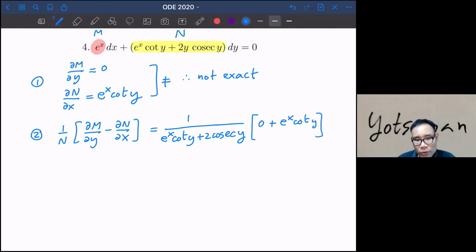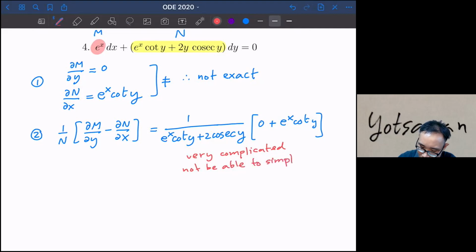I'm going to say that this is very complicated, and you are not able to simplify. It can happen that when you use 1 over N times (dM/dy minus dN/dx), it turns out to be complicated like this one. So we're going to use another formula.